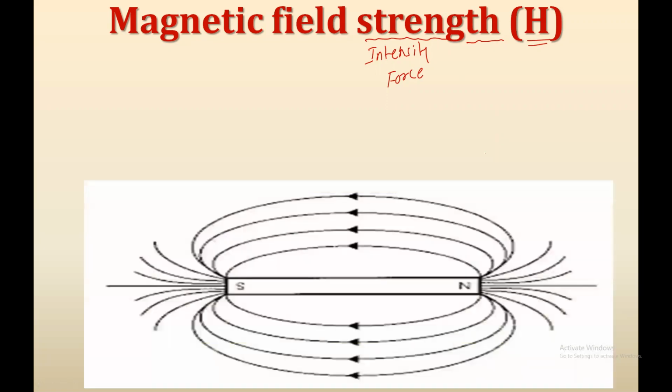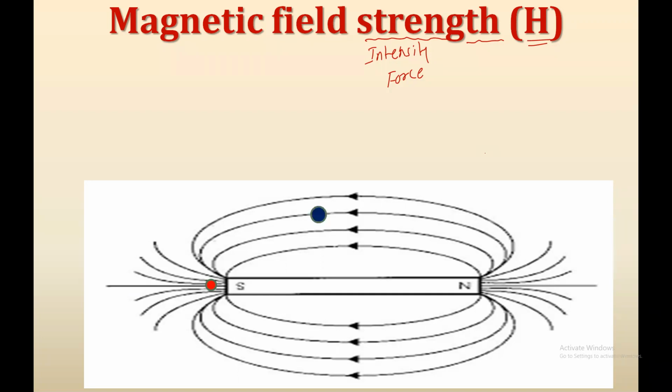Suppose I consider that it's one magnetic field, represented with the magnetic lines of force. Suppose I consider one point which is near to the magnet, and when I place one small iron piece on that point, definitely a certain force is exerted. Is it right?